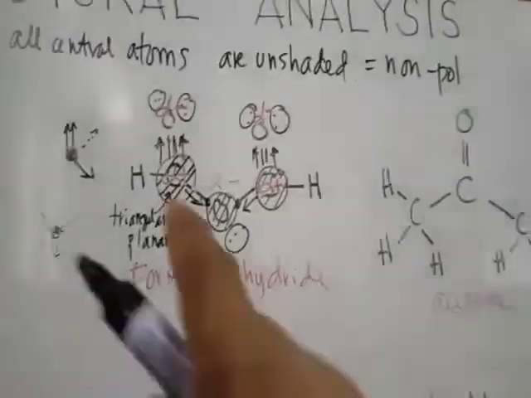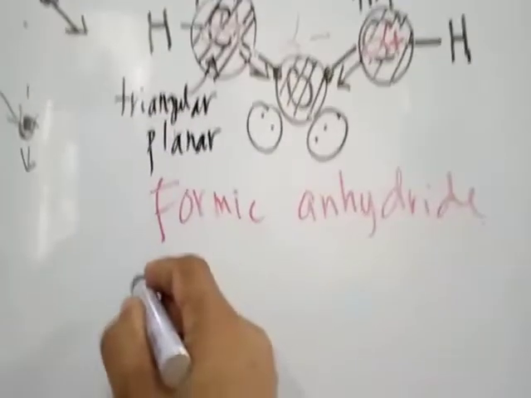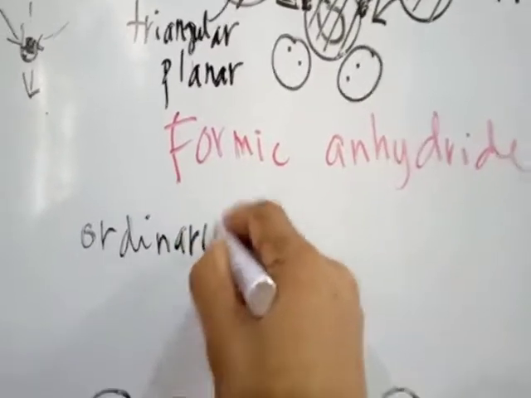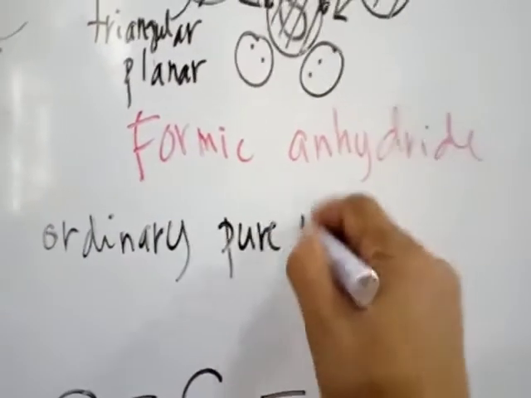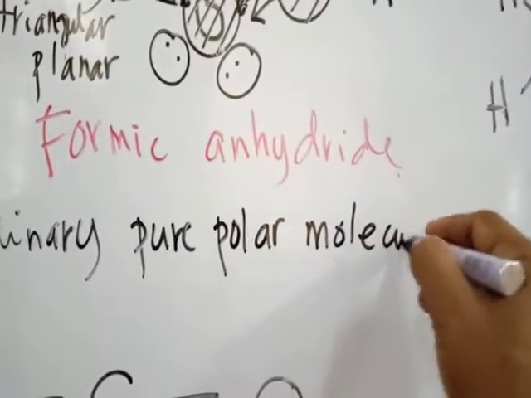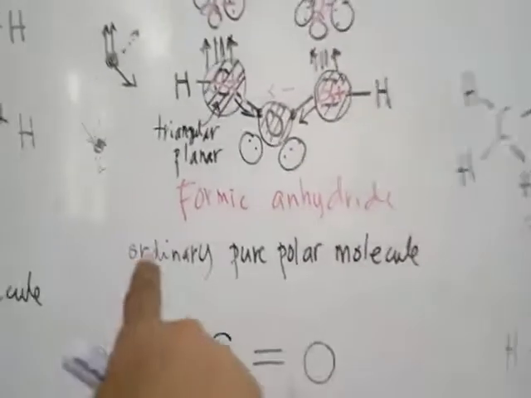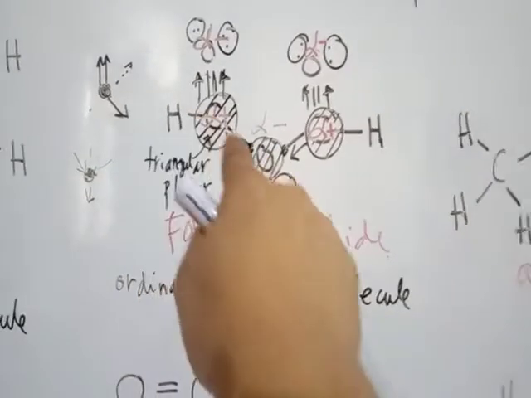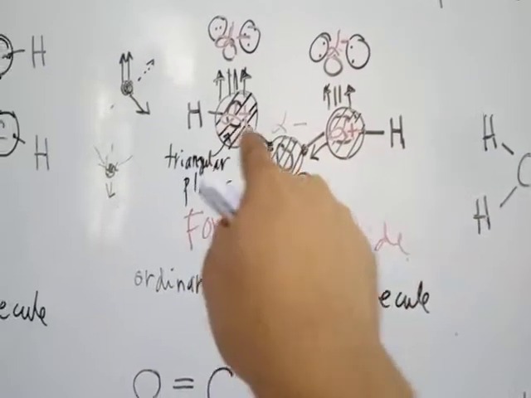So this is an example of an ordinary pure polar molecule. It is pure polar because all central atoms are shaded.